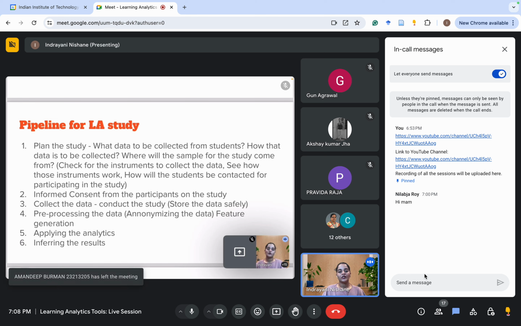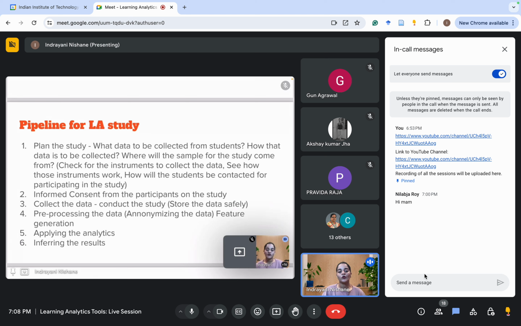So we need to decide what data we need to collect from students and how that data is to be collected, whether you want them to interact with a computer based learning environment, or answer certain survey questions, and then what will be the sample for your study. Whether you want to focus on K-12 students, from kindergarten to standard 12, or undergraduate students or postgraduate students.